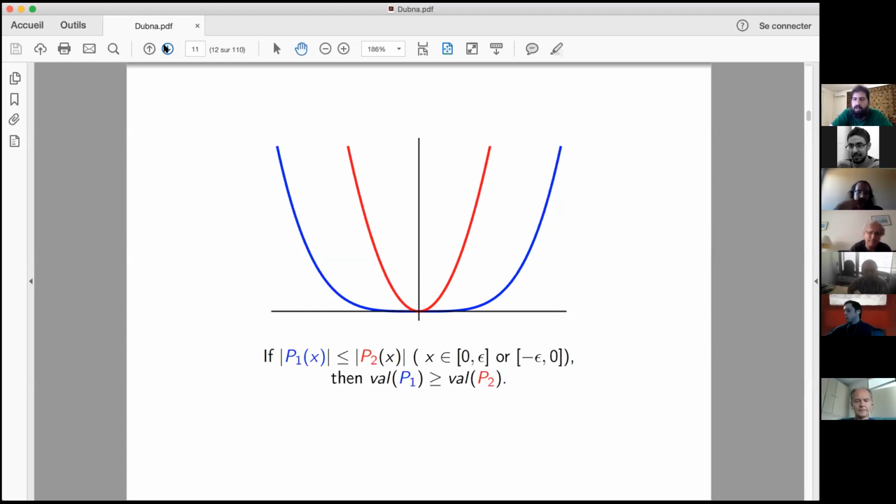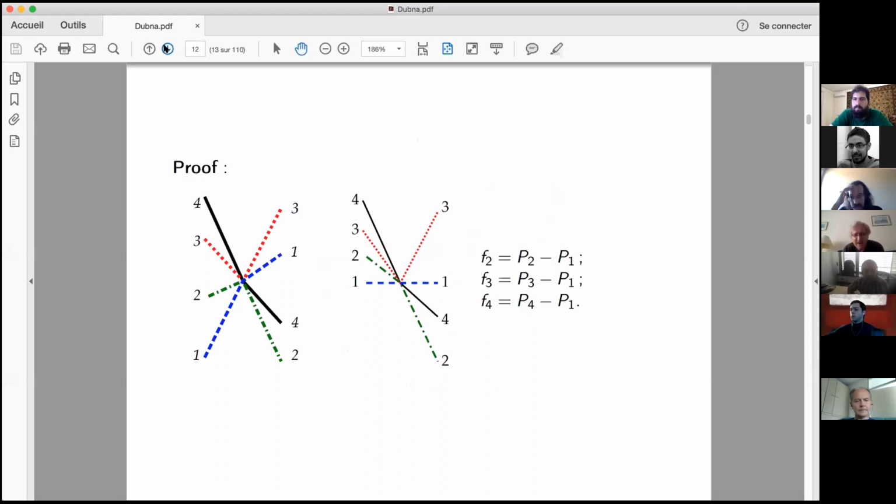Let's go on. Suppose by contradiction that we have 4 polynomials having this qualitative behavior in the neighborhood of the origin. So 1, 2, 3, 4 on the left, 2, 4, 1, 3 on the right. Subtract P1 from P2, P3, and P4, so you will not change anything.